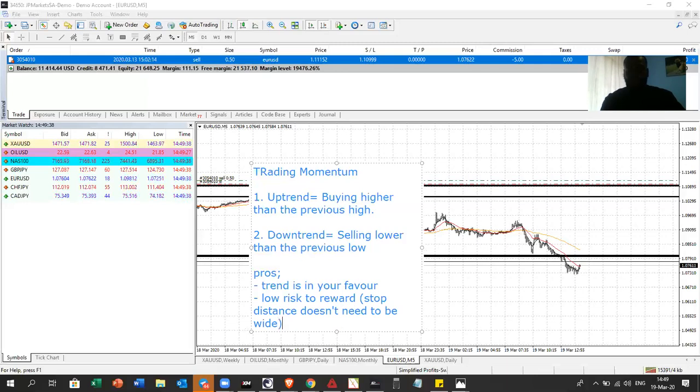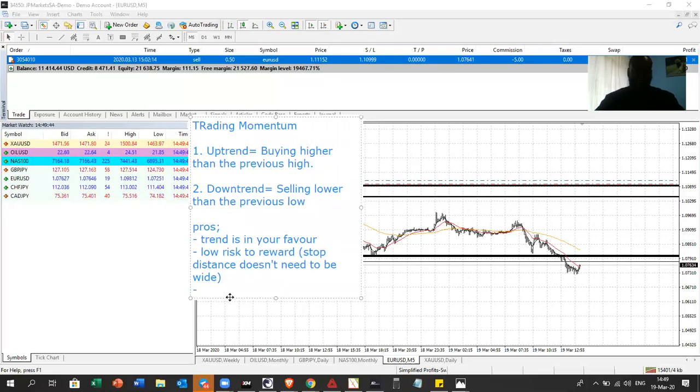It brings us to my next pro on this topic, and this is if you don't need to have such a wide stop, it allows you to leverage. It allows you to add more size.